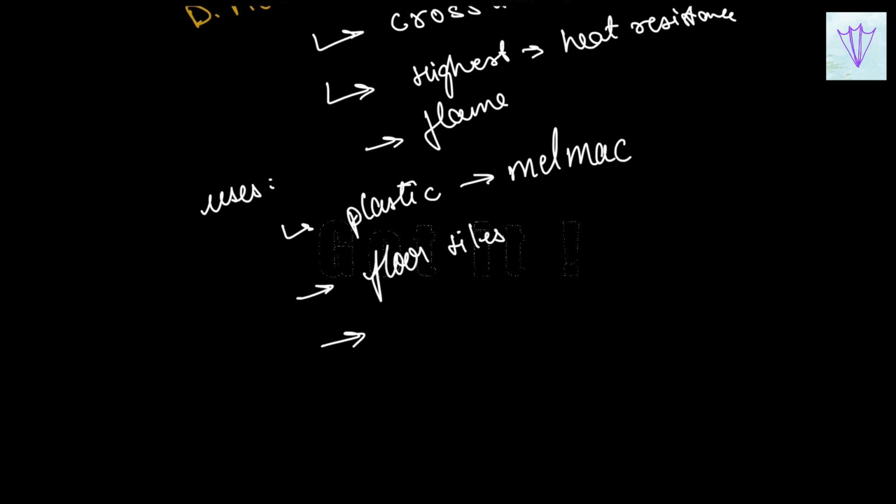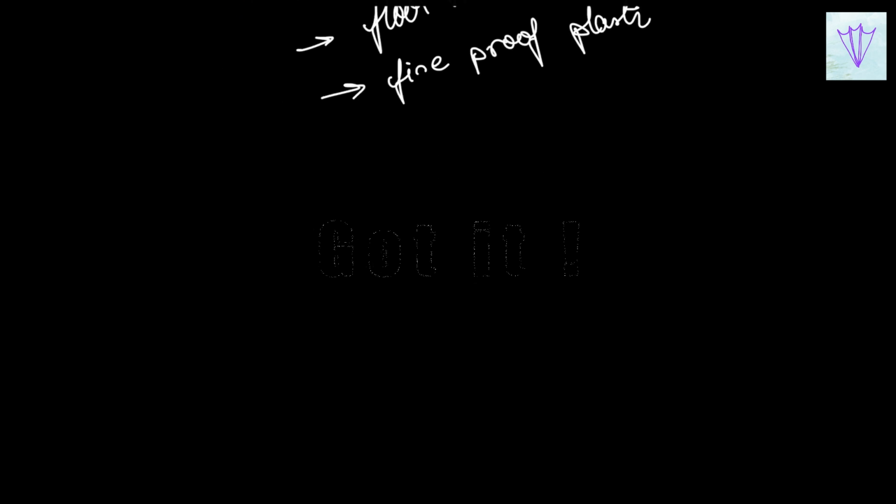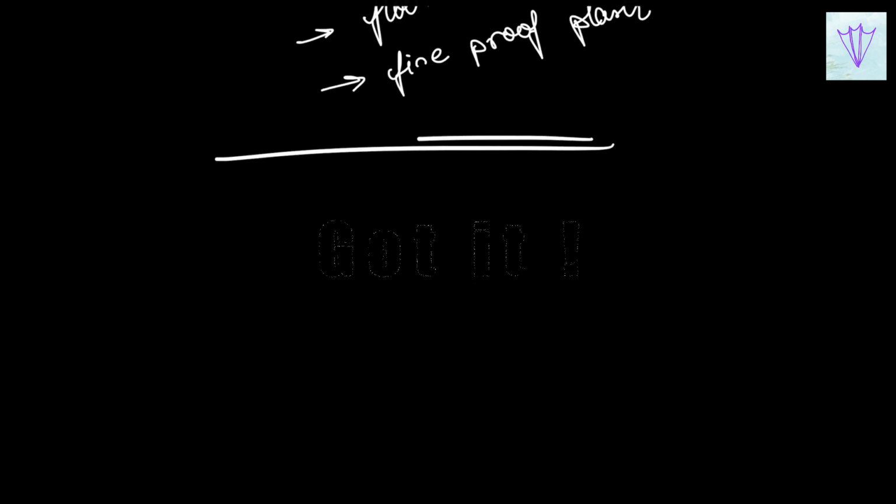It is used as a fire proof plastic, and the uniforms of firemen have coating of melamine, and therefore melamine is also called the flame resistant plastic. So now we have completed the most common plastics.